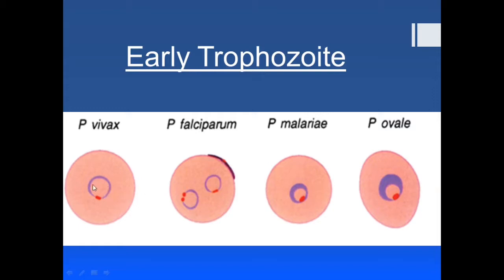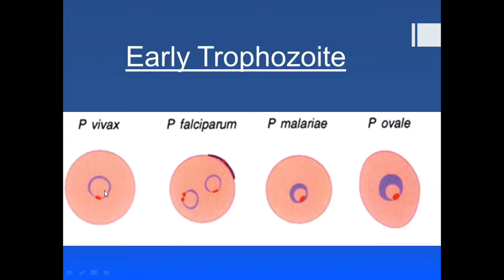You can see in all of these three a thick ring and a nucleus, whereas in Plasmodium falciparum there will be a very fine ring. You can see a fine ring over here. So in Plasmodium falciparum this ring will be fine, whereas in the other three this ring will be thick.